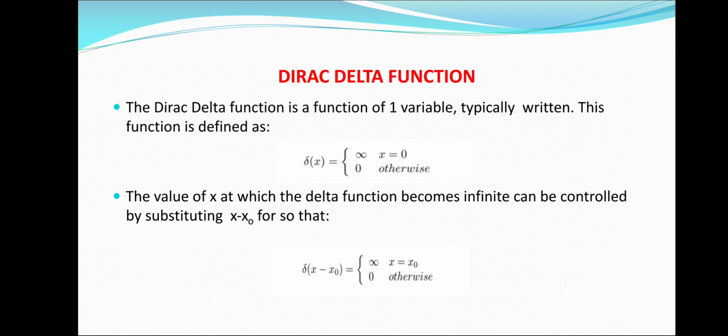Now coming to the Dirac delta function, it is a generalized function or distribution introduced by Paul Dirac. It is used to model the density of an idealized point mass or point charge, as a function equal to 0 everywhere except at 0 and whose integral is equal to 1.